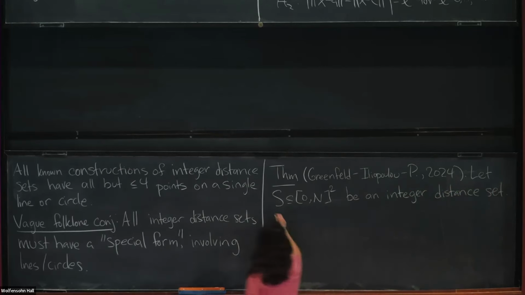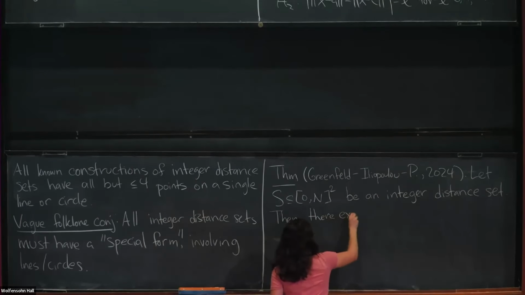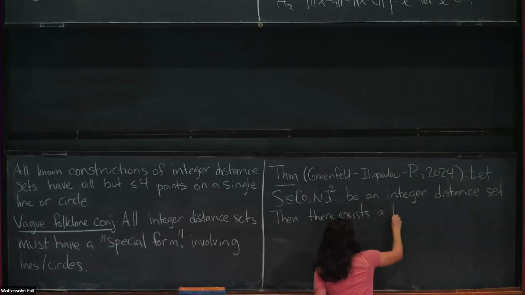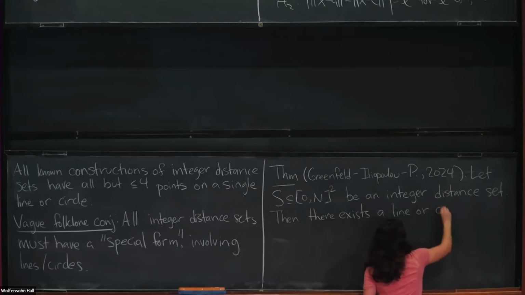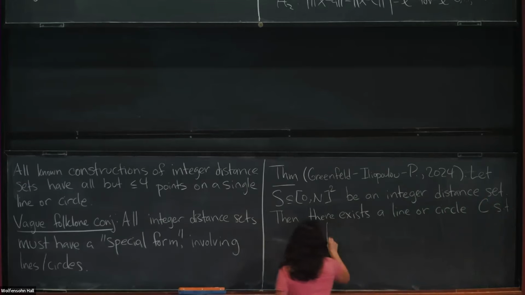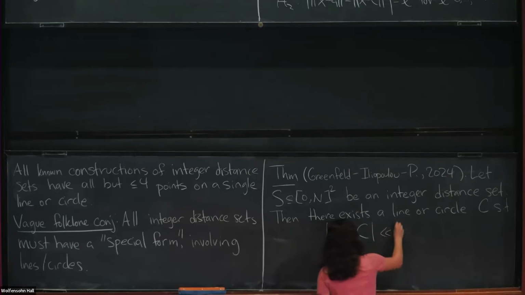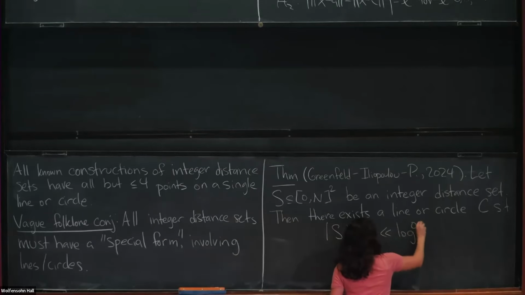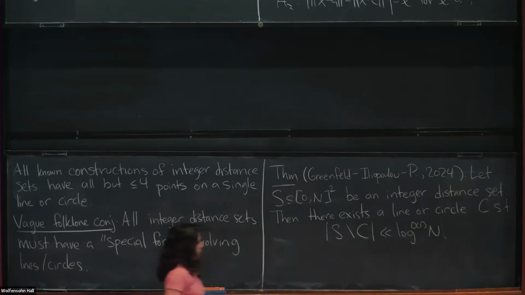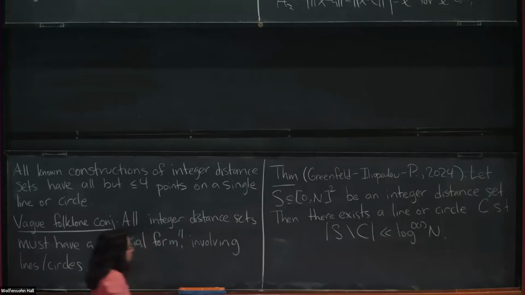Then there exists a line or circle C such that the number of points of S that aren't on the line or circle is bounded above by some bounded power of log n. For people who don't know, this is Vinogradov's notation, which just means big O.